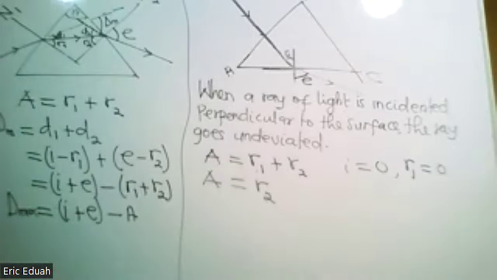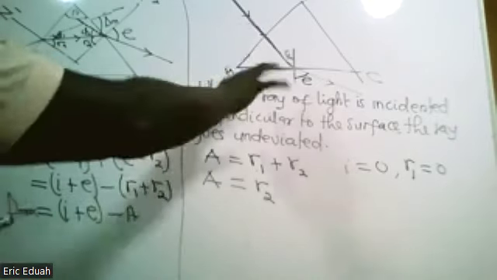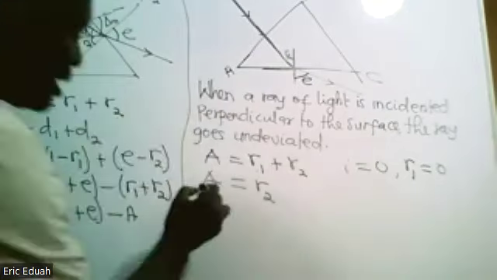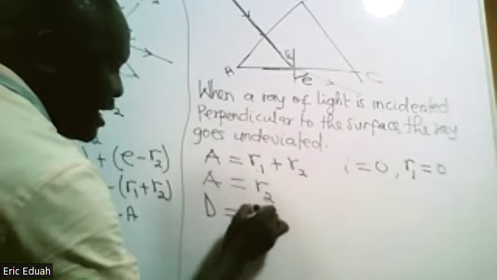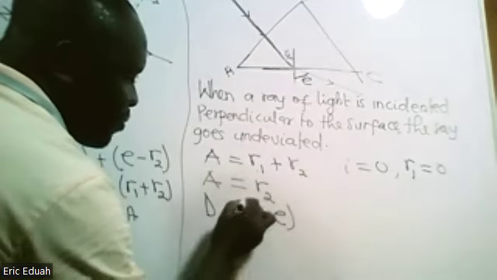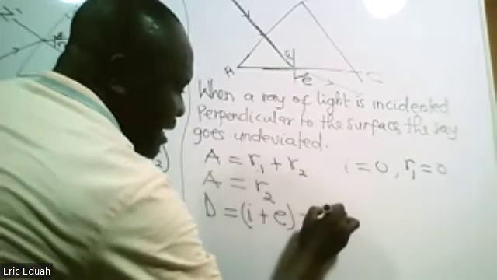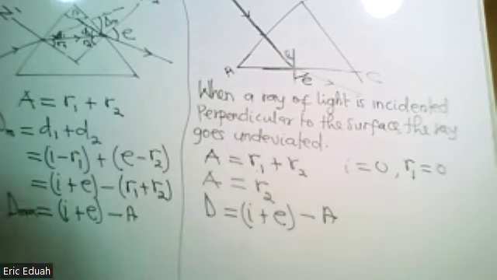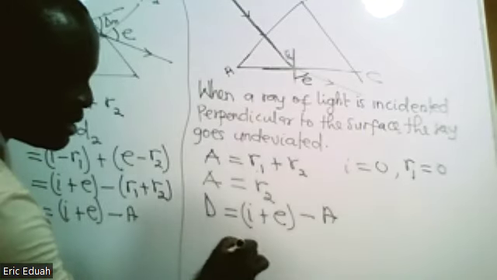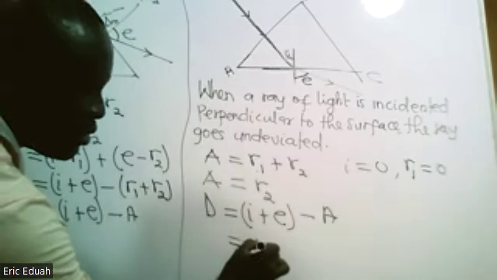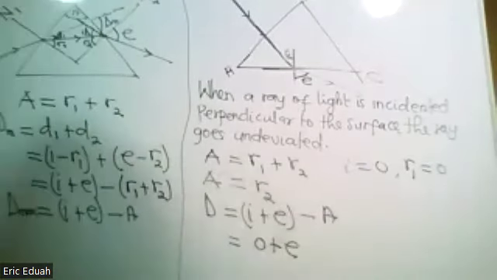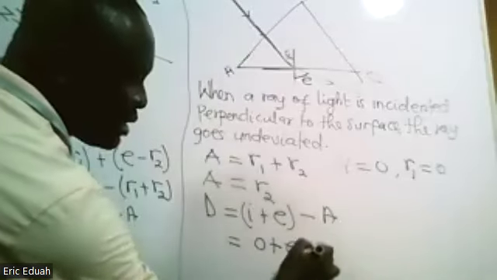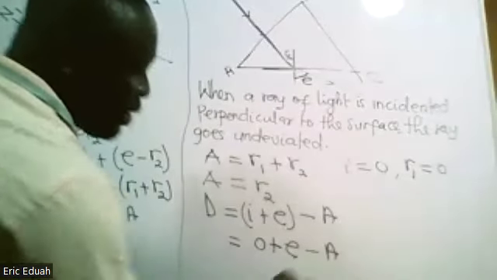If we are to calculate the total deviation in a situation like this, then total deviation D is equal to I plus E minus A. I is 0, okay? E, then we have found A. A is equal to R2.